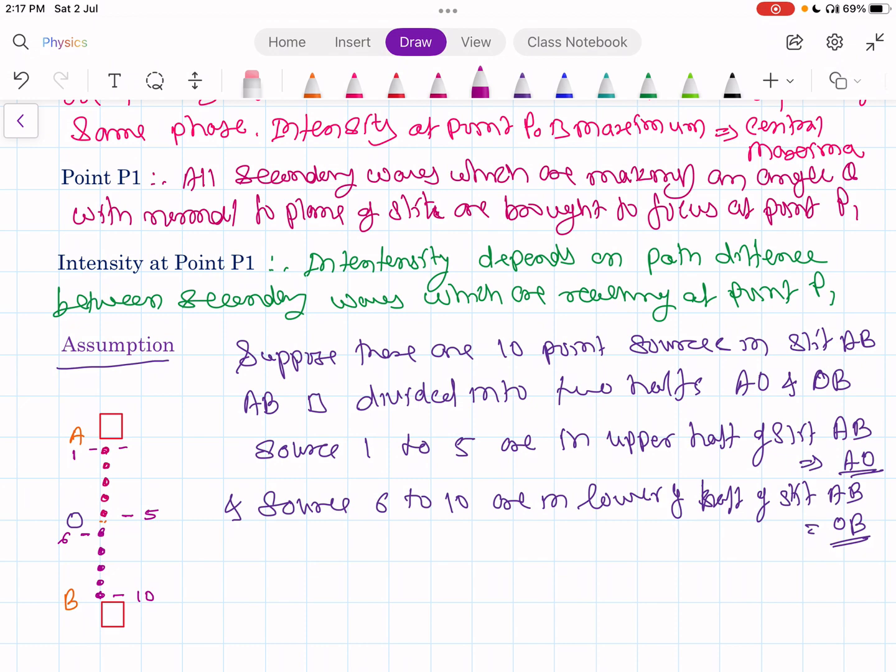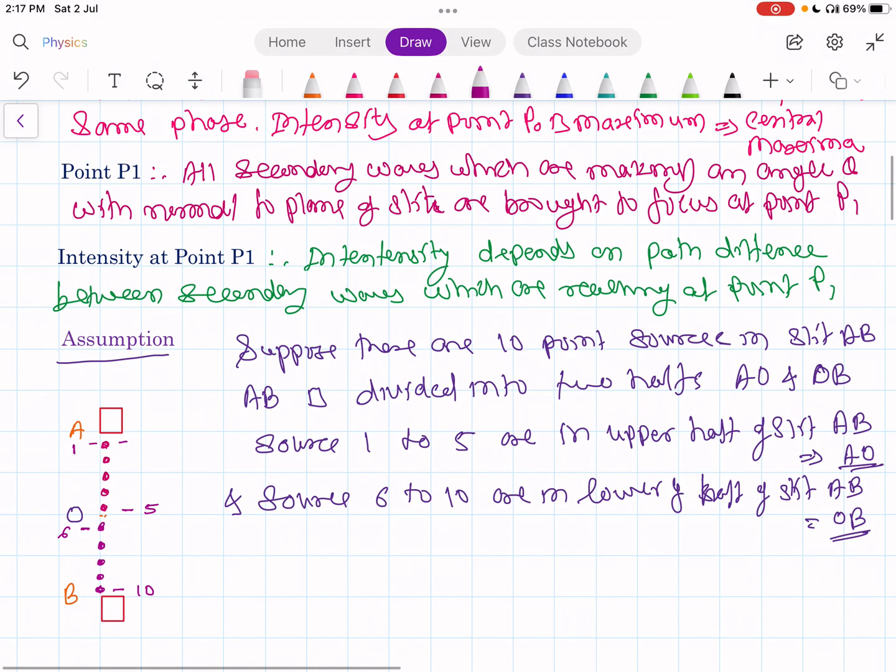So this is our assumption. What is our assumption? That slit AB is divided into two halves. In the first half, there are 5 point sources, and in the next half, there are 5 point sources. Now here, look at this diagram. The point sources 1 and 6 are separated by distance a by 2, as you can see here.